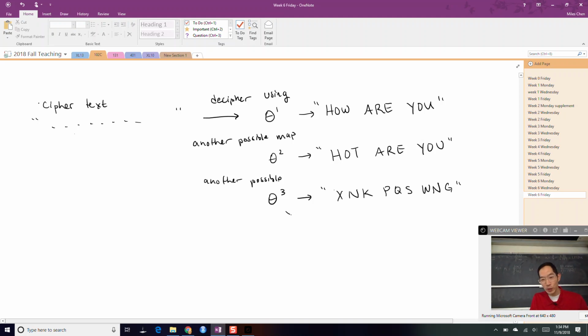So this one we would give a low probability, and these ones will both have high probabilities.